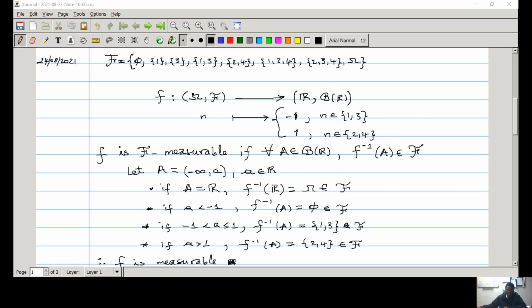In order to prove that this was an F-measurable function, we endow R with what I call the Borel sigma algebra. We saw from the previous lecture that the Borel sigma algebra is the sigma algebra generated by open sets. That is, you have a topology, and all the open sets of that topology will generate a sigma algebra, which we denote by B(R), the Borel sigma algebra.